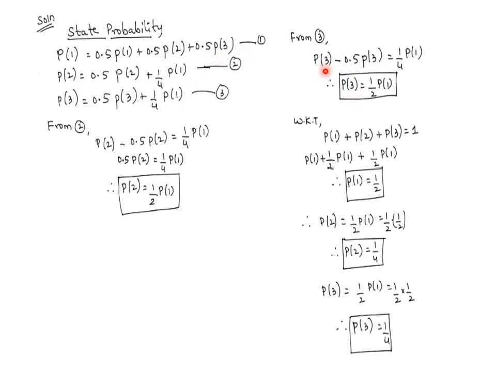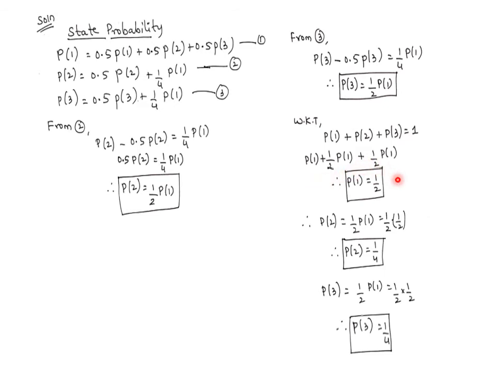We can write P of 3 minus 0.5 P of 3 is equal to 1 by 4 P1. Therefore P3 is half of P1, and we know that the sum of all the probabilities is equal to 1. So P of 1 plus P of 2 plus P of 3 is equal to 1. So we have represented P of 2 in terms of P of 1, and P of 3 in terms of P of 1.